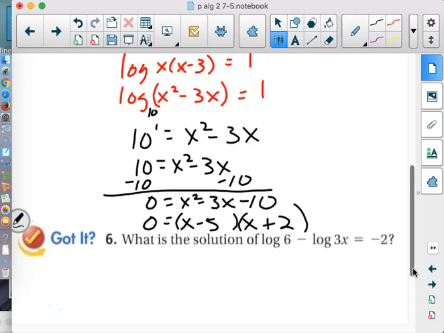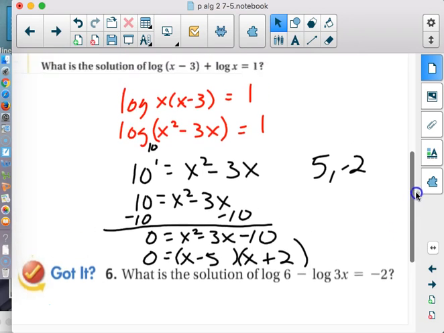So what would our answers be? What's the answer to this one? 5. What's the answer to that one? -2. Now I'm a little suspicious of one of these answers. That's that -2. So what I would want to do is check and make sure that this is going to work. So 5 and -2.